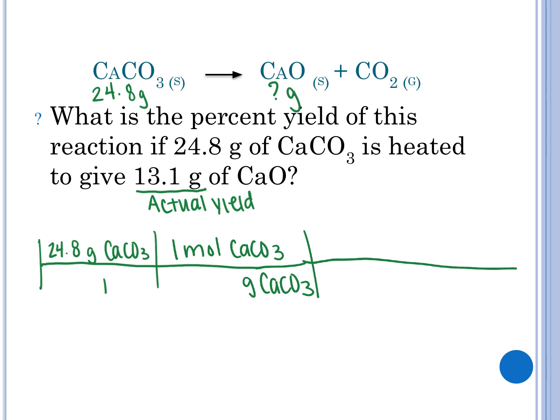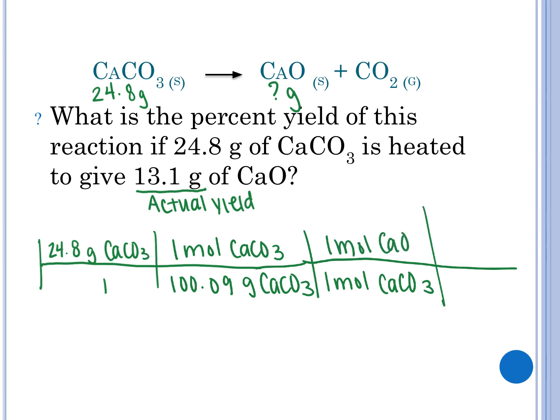All right, what's the molar mass of CaCO3? 100.09 grams. Do y'all agree? And then what's the ratio of calcium carbonate to calcium oxide? Does it look like 1 to 1?